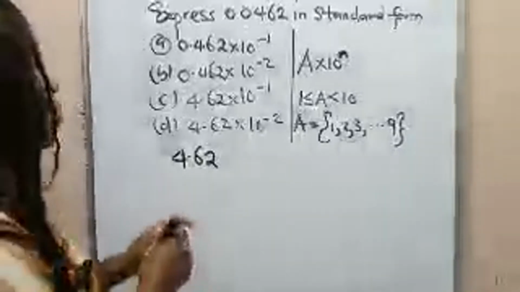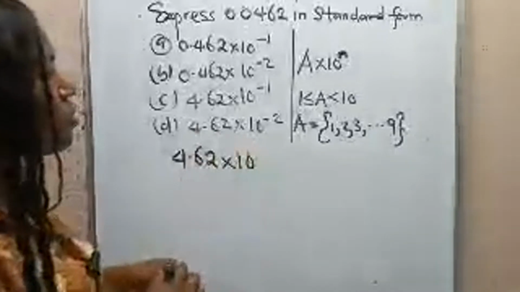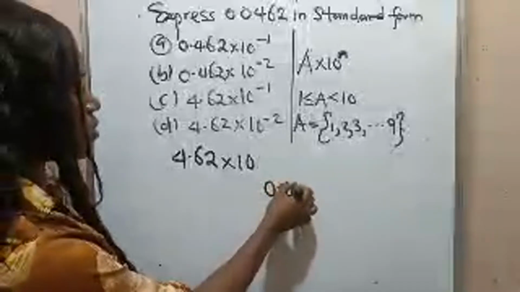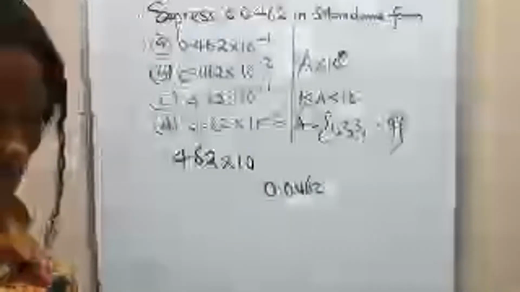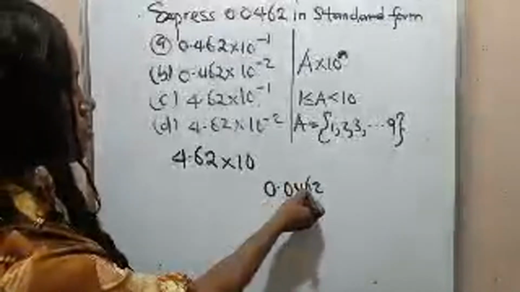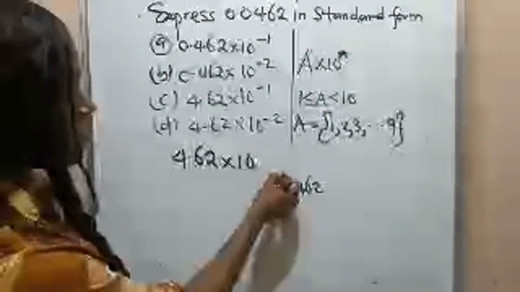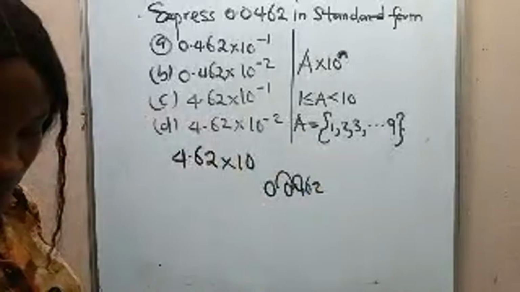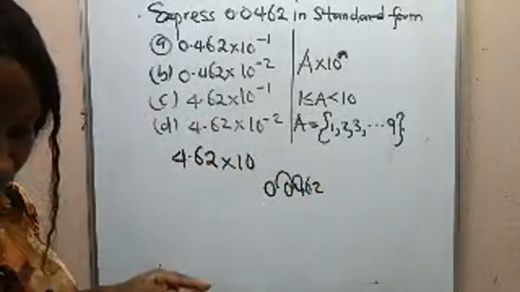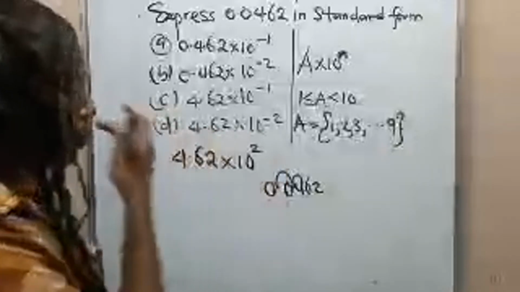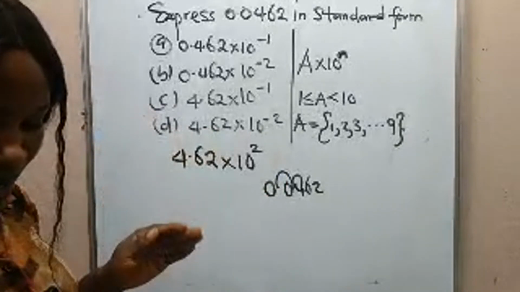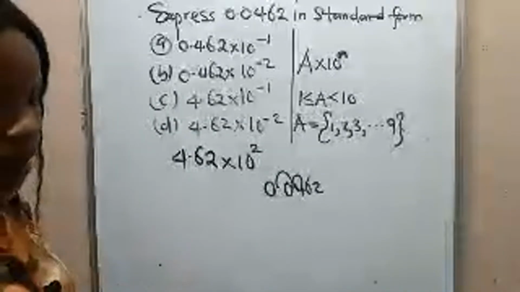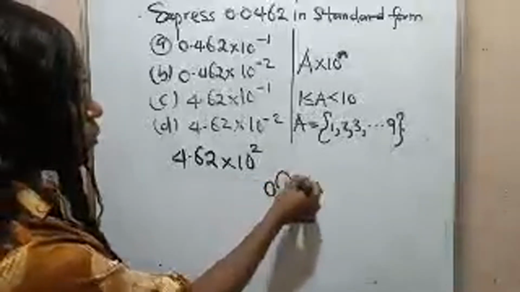All right. Now times 10 to the power of, so our n is what? Let's write the number first, 0.0462. That is what we have. Now we put the decimal point here, meaning that we shifted the decimal point from here to this place. So we shifted it 2 times. So our n is going to be 2, but it's going to be negative 2, because we shifted the decimal point to the right.